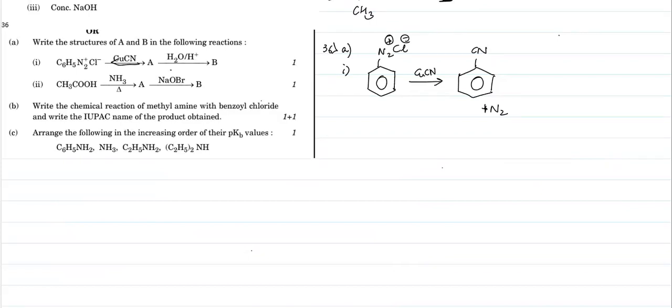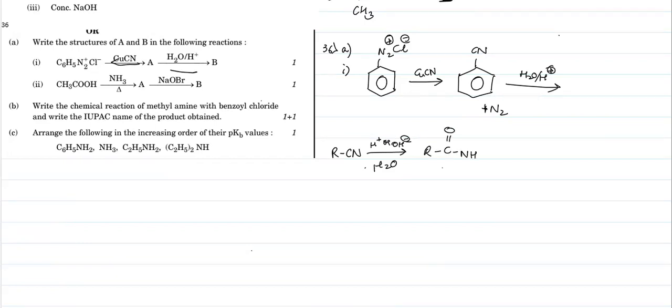And now this is undergoing a reaction with H2O and H plus. This is actually the preparation of carboxylic acid from nitrile, and CN is the nitrile group. In that reaction, we have RCN, and this on reaction in the presence of H plus or OH minus and H2O gives us RCONH2, which is an amide.